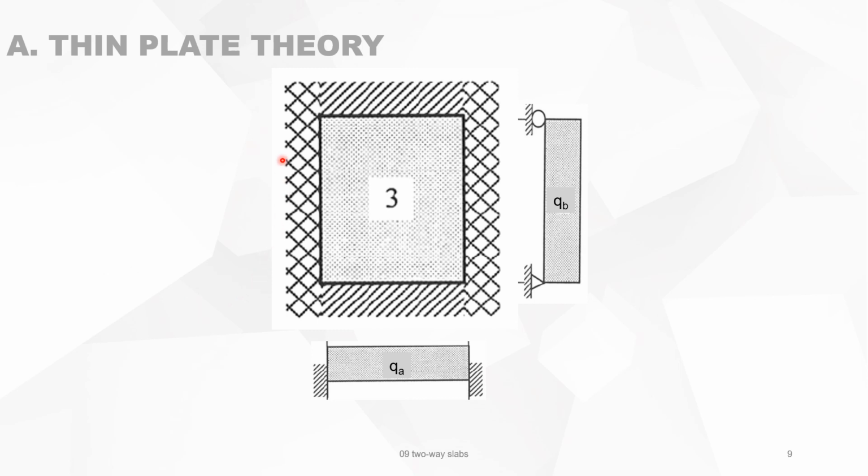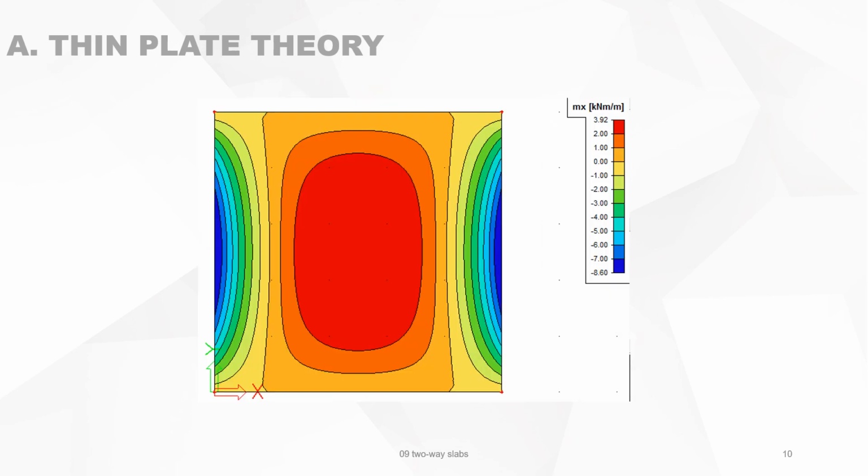Type 3, it means that 2 sides are clamped and the 2 other sides are simply supported. You can see the hogging bending moments on the 2 sides, left and right, which is the blue color, and the sagging bending moment, which is the red color.